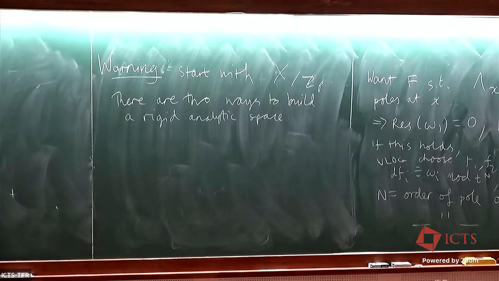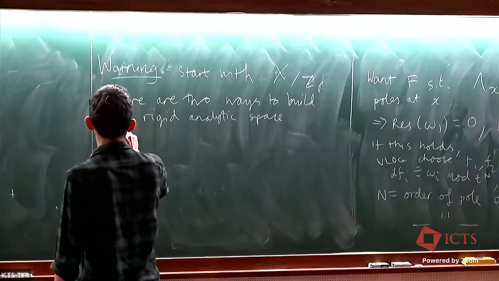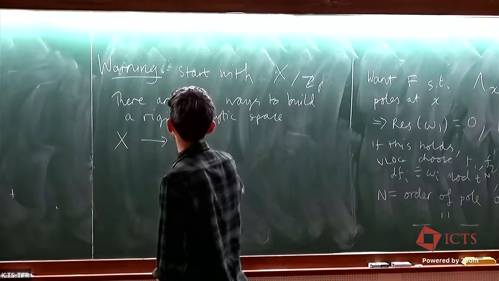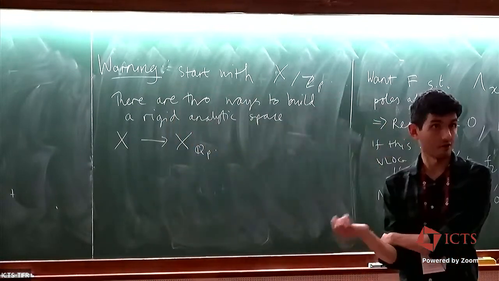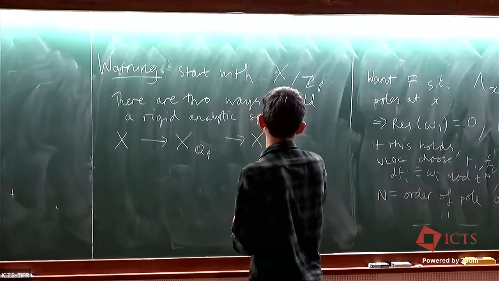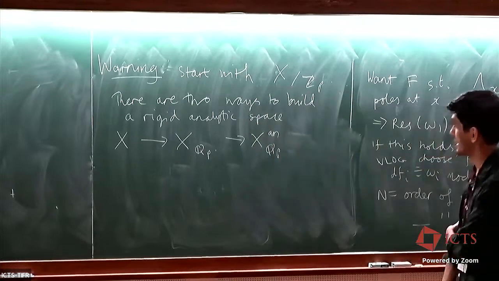So the first, which is maybe the more familiar one, is you could just take the generic fiber, just in the category of schemes, and then you can take the analytification of that as is defined in any book on rigid analytic spaces.